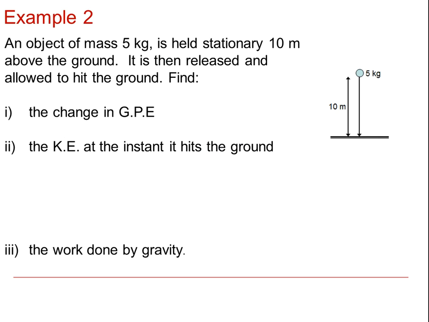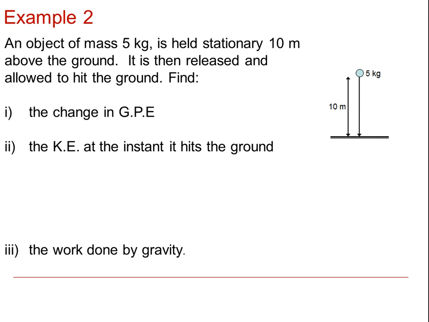In the second example, we're asked to consider a 5 kilogram mass which is held 10 meters above the ground and then released. We want to find the change in the gravitational potential energy and the kinetic energy just as it hits the ground.